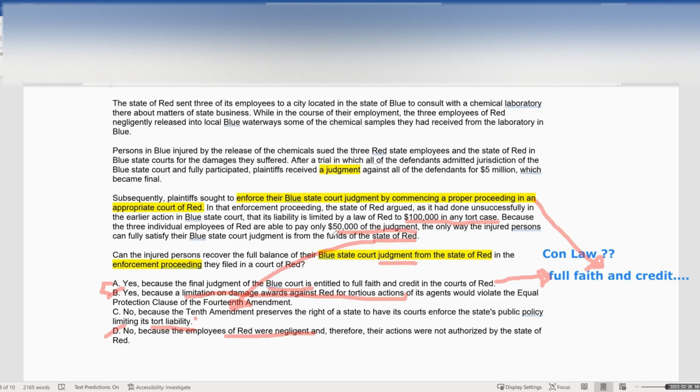That may be the case, but it's not an unwaivable right to have their own courts decide cases involving tort liability of the government. So the 10th Amendment really is not a good argument to hide behind for them to step in and fill in the gap of the judgment. So answer choice A is the best answer choice here.